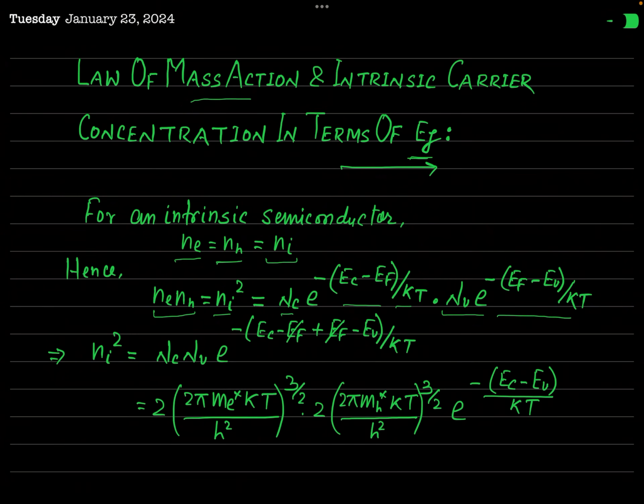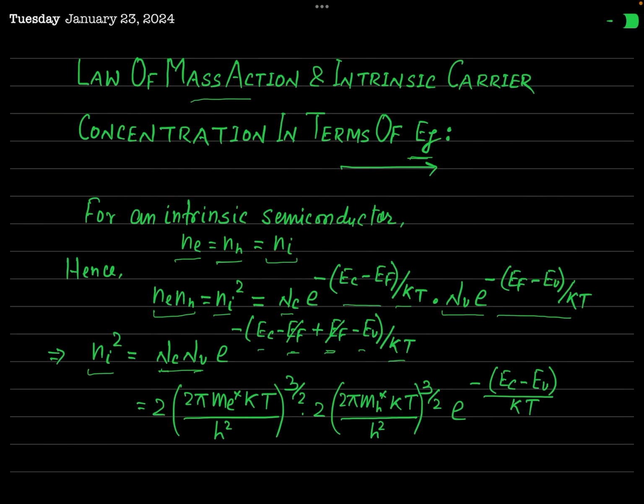So this Ni square is given like this: Nc times Nv times exponential raised to the power minus (Ec minus Ef plus Ef minus Ev) over Kt. Now this minus Ef and plus Ef will cancel out. And we will substitute the values of Nc and Nv which we have defined earlier.